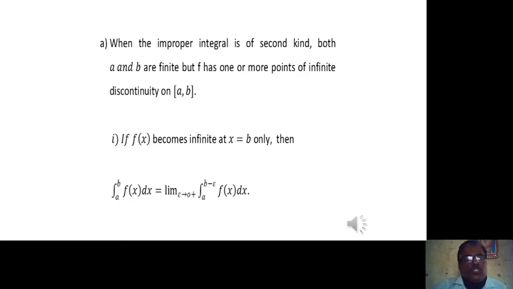Similarly, when the integral is of second kind, both a and b are finite, but f has one or more points of infinite discontinuity. In that case, if f of x becomes infinite at x equal to b only, then integration from a to b f of x dx is taken as the limit as epsilon tends to 0 plus of integration from a to b minus epsilon f of x dx.